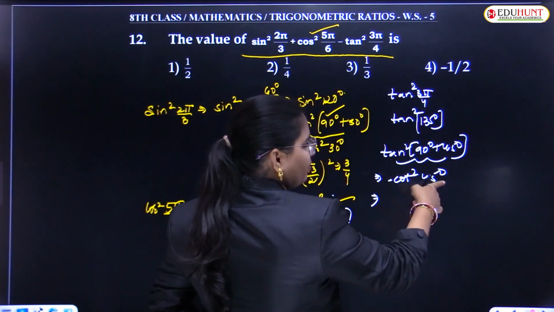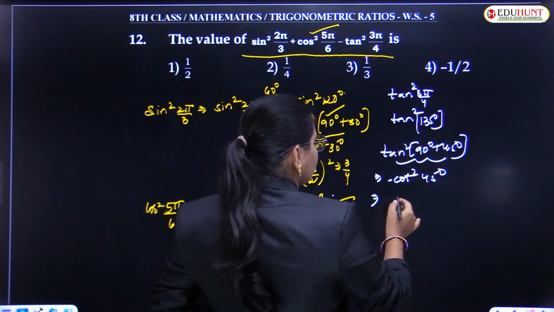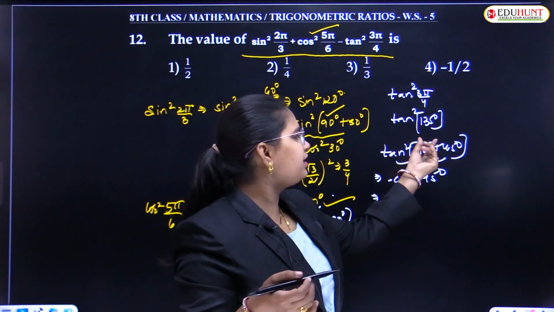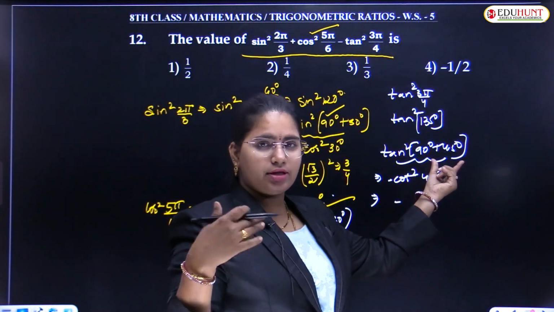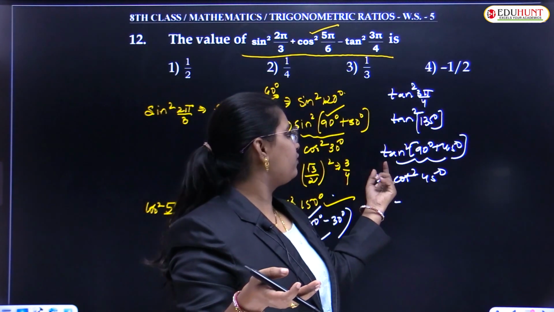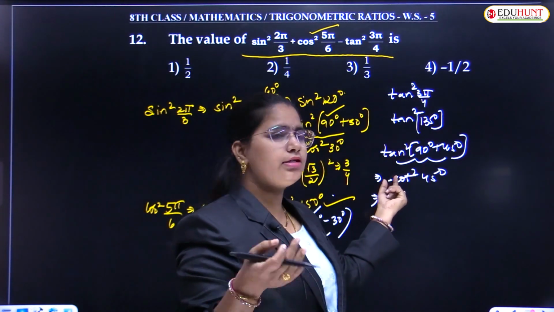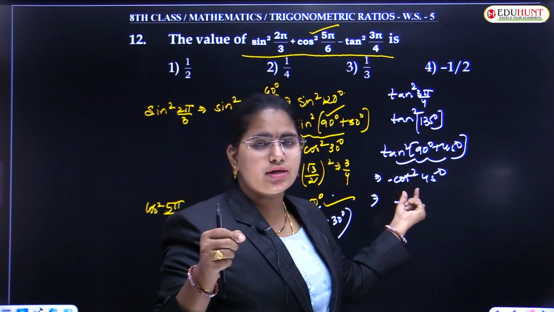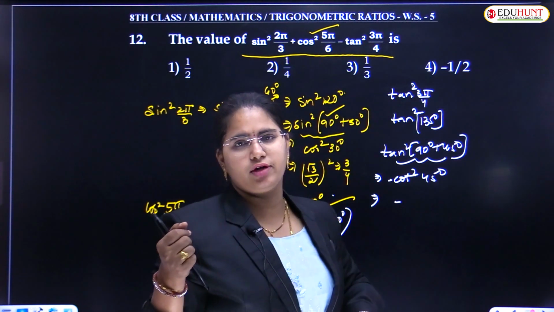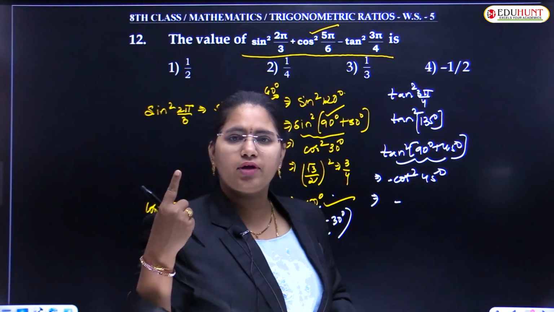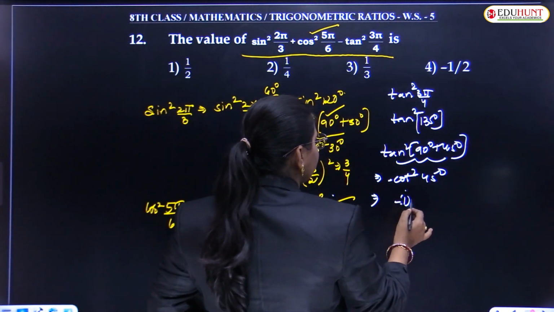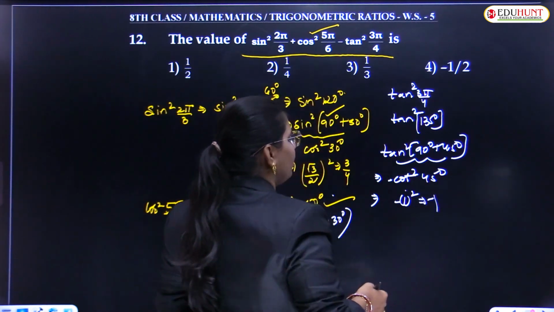Minus cot square 45. 90 plus theta belongs to the second quadrant, and tan is negative in the second quadrant. So it will become minus cot 45. What is the value of cot 45? It's 1. So it will become minus 1 whole square, which is 1.